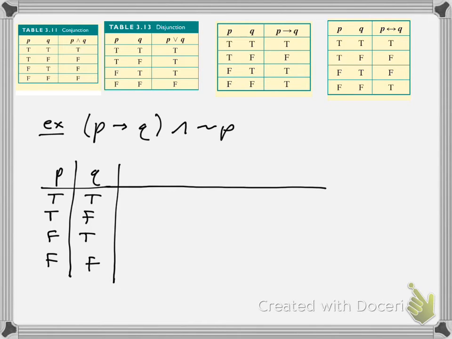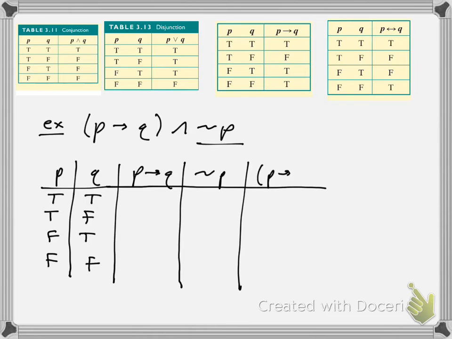The first thing we're going to do is start in the parentheses and find P implies Q, if P then Q, the conditional. We also need to do a not P column because we have a not P. And then we do our final answer, which is the and with the not P. So first we're doing P implies Q, using these two columns right here.